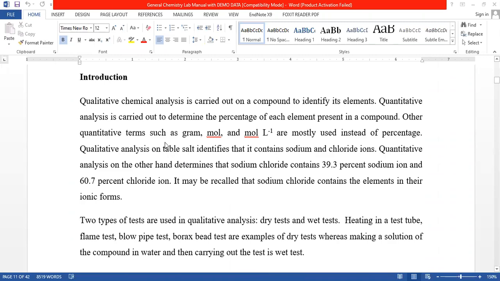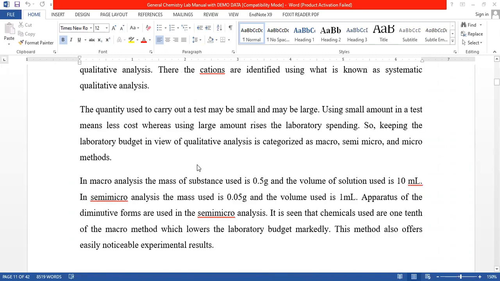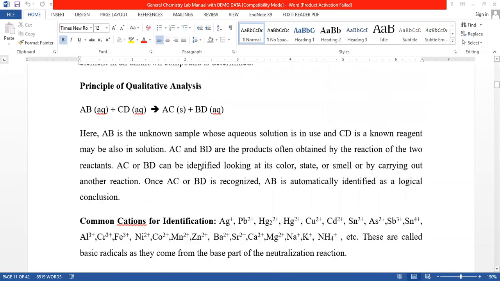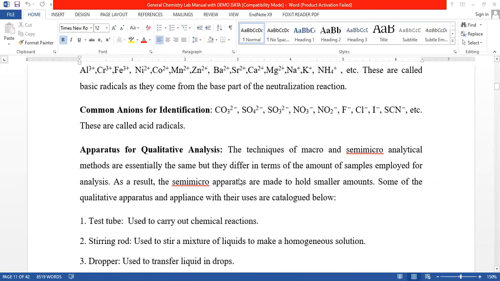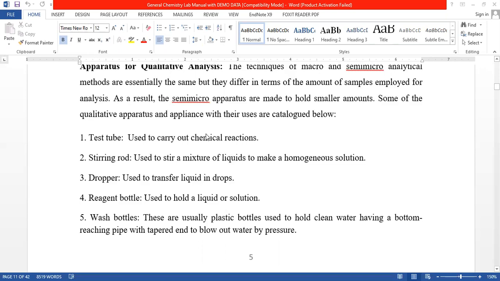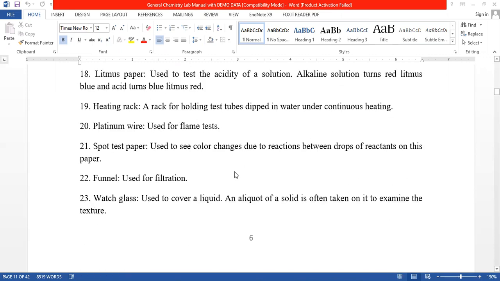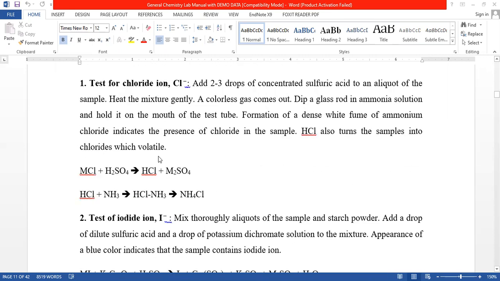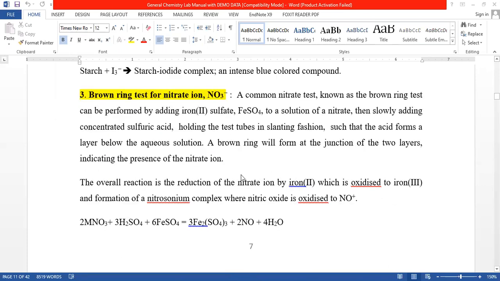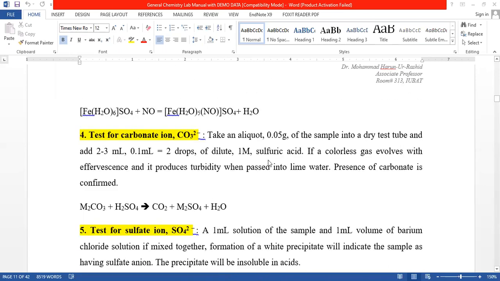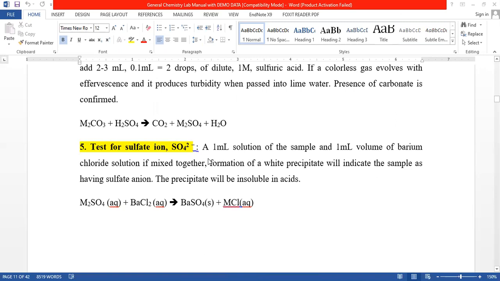You will follow the instructions here: introduction and theoretical background, which type of ions we usually identify, like common anions, apparatus for qualitative analysis, the apparatus figure, and the procedure. This is for chloride ion, this for iodide ion, this for nitrate, for carbonate, and this for sulfate.